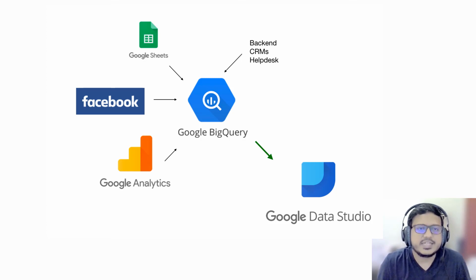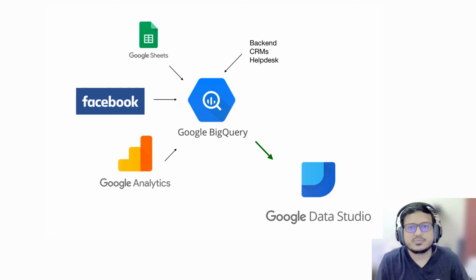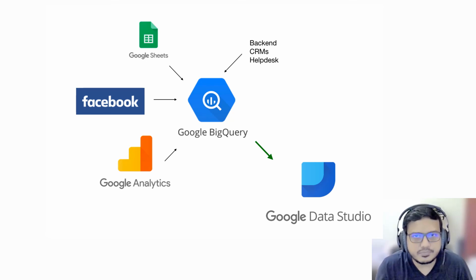And data can be ingested in batches, for instance, from a GCS bucket, or from a stream, a data stream, like from a Kafka stream and so on.